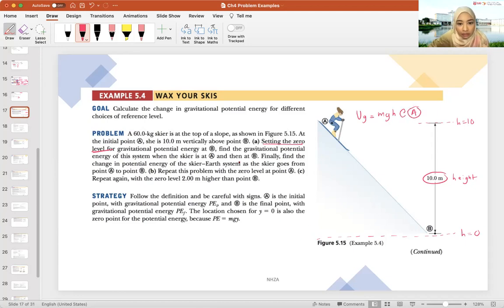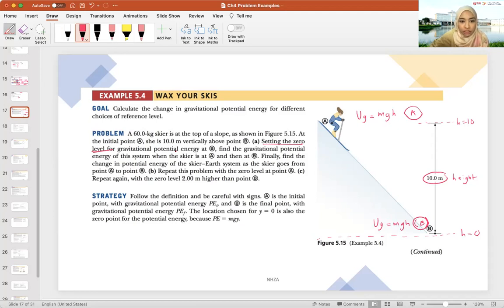And then at B, it asks us to find UG equals mgh at point B. So this is the question.